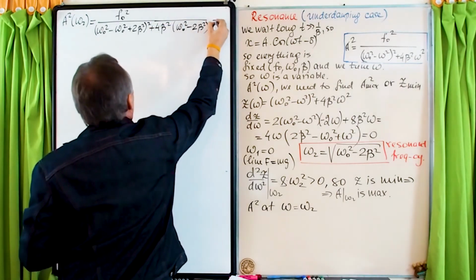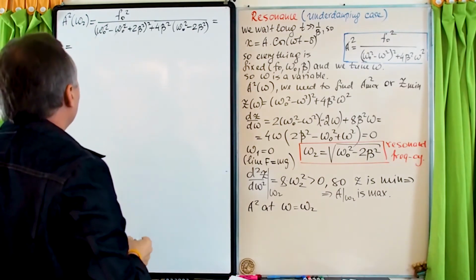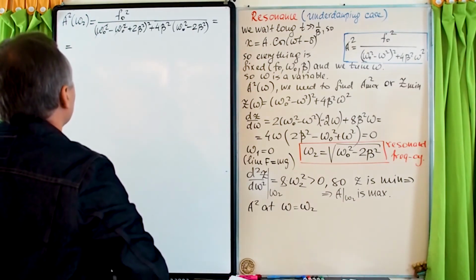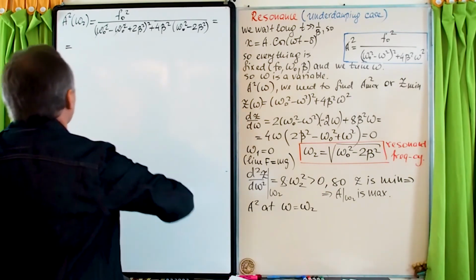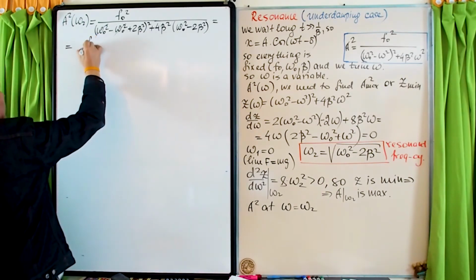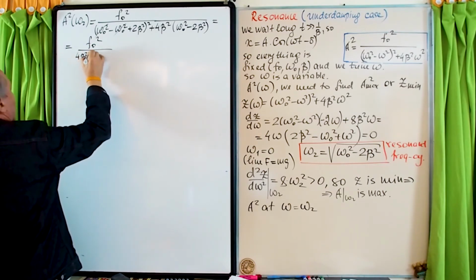Right. So this goes, and it will be 4 beta squared. So let's factor. Okay, let me first write numerator f naught squared divided by 4 beta squared.